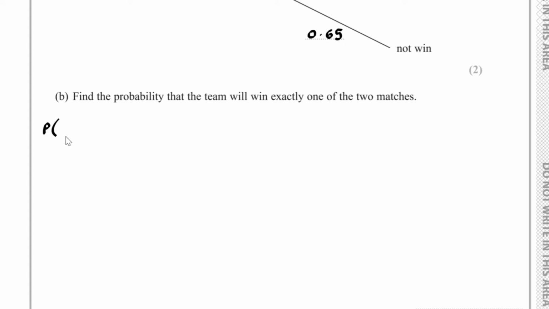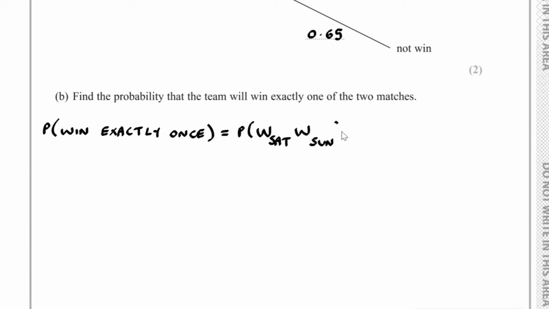So the probability that they win exactly once, that's the probability of winning on a Saturday, followed by the probability of not winning on a Sunday, plus the probability of not winning on a Saturday, followed by the probability of winning on a Sunday.